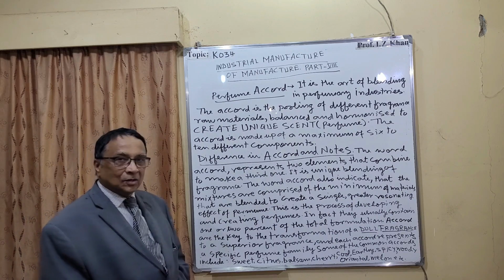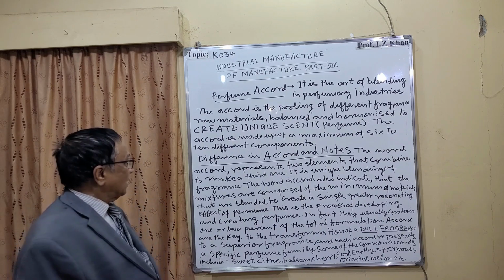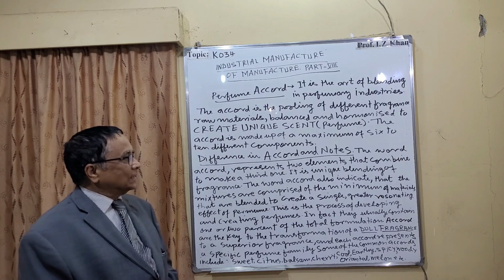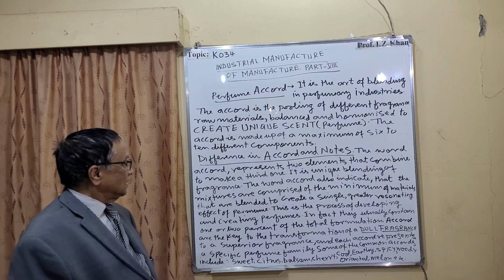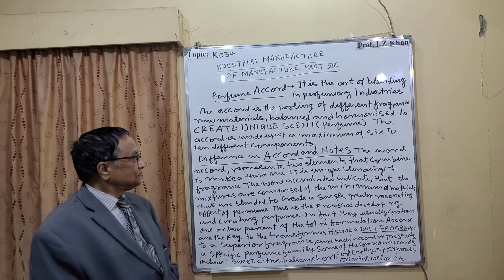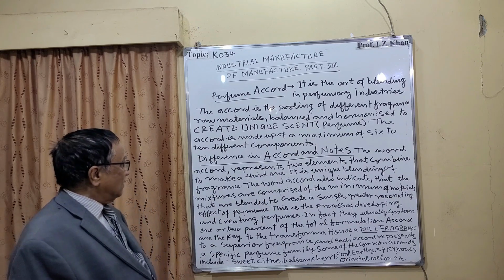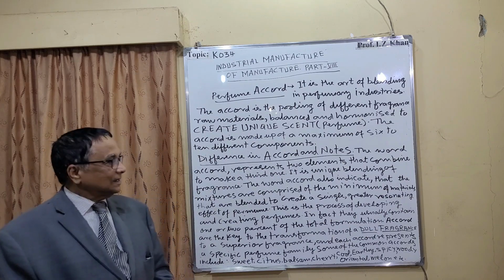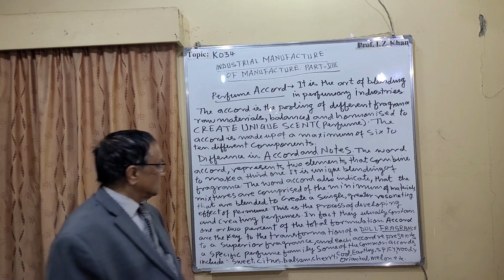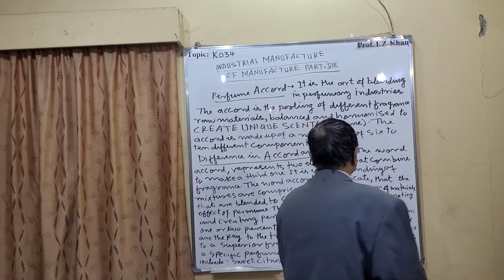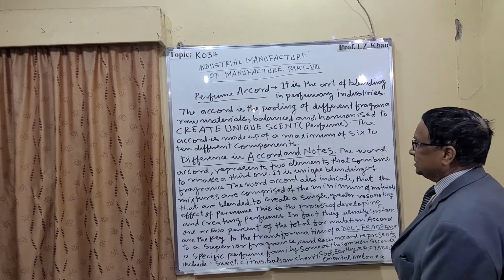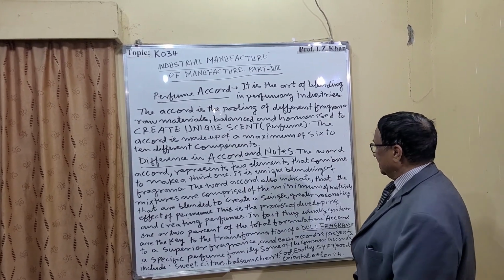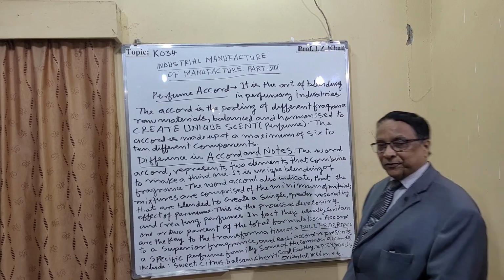Difference between accord and notes. The word accord represents two elements that combine to make a third one. It is a unique blending of fragrance, and the word accord also indicates that the mixtures are comprised of the minimum of materials that are blended to create a single, greater resonating effect of perfume.